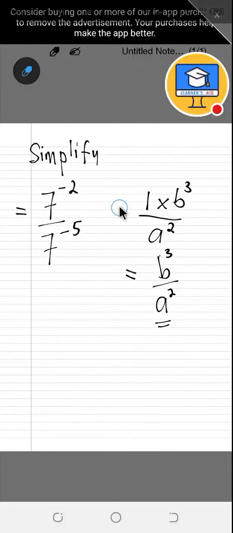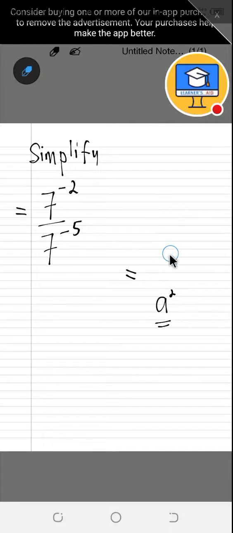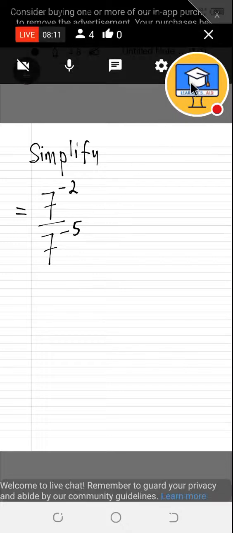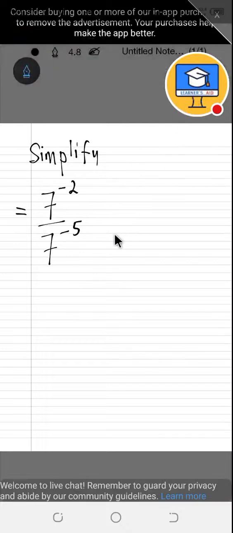So let me write the question. What was the answer? Any idea how to solve this?